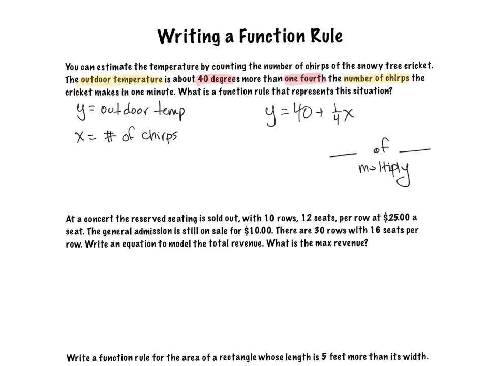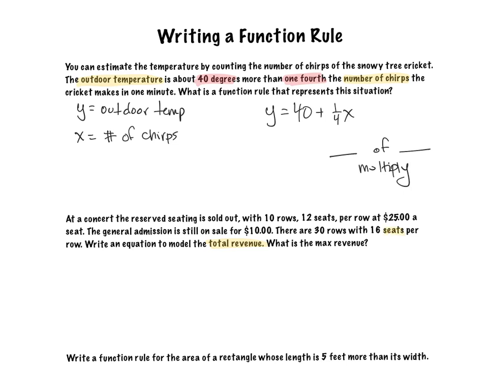So I have two things here for variables, right? Total revenue is going to be one variable. And then what's changing here? The amount of seats sold, right?